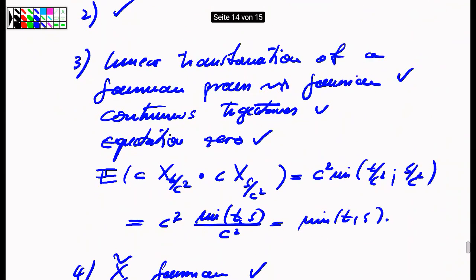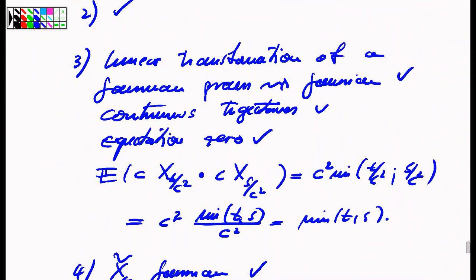So what remains to check is that this process has the right covariance function. So we compute the covariance for 2 different time points, t and s, according to the definition of this transformed process. Then by the fact that this covariance is bilinear, the c multiplication factor goes to the front as a c squared, and then we have the expectation of the product of these Brownian motions at 2 different times, and we know that this is given as the minimum of the 2 time indices.